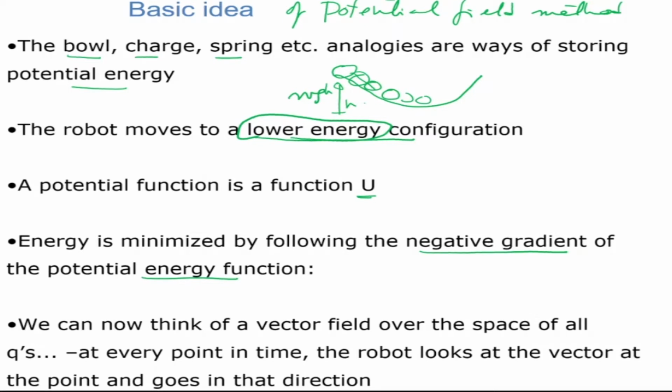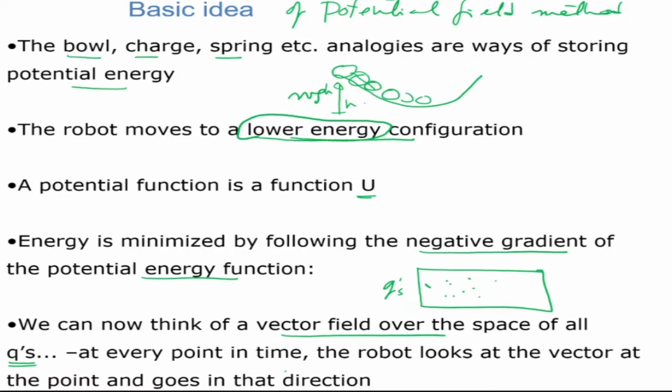Now we can think of a vector field over the space of all q's, and q's are the configurations. Let's look at it this way. So these are various points, which are the q's, the configurations in the workspace, and this is a vector field over the space of all q's.